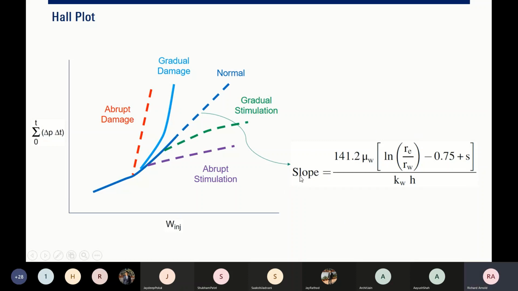So finally, the slope is influenced by viscosity, the reservoir radius, well radius, permeability, thickness, and of course, skin. So if you have higher skin, of course, you will have a higher slope. And that's why with this gradual damage, higher slope means that you have higher skin. But if you stimulate your injector, S will decrease, and of course, the slope of the Hall plot will decrease as well.